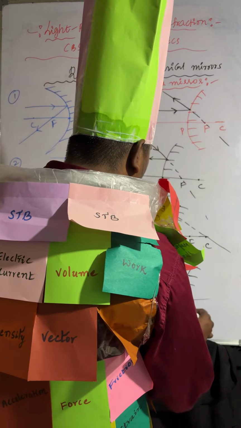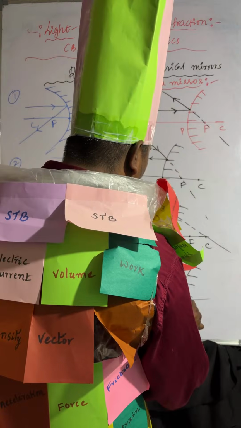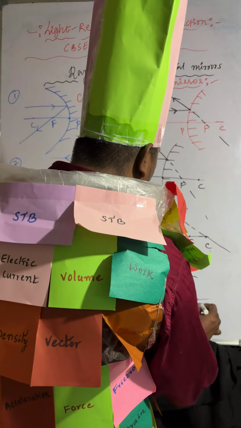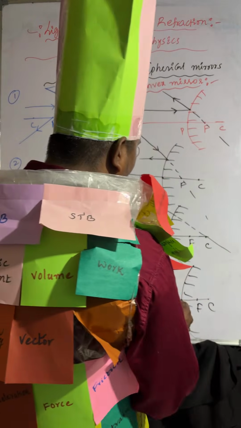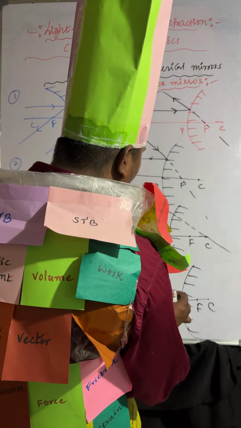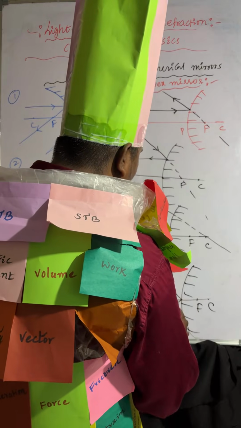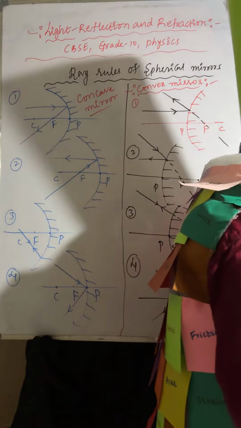Coming to the fourth one: a light ray incident at the pole, after reflection, moves in the same direction.